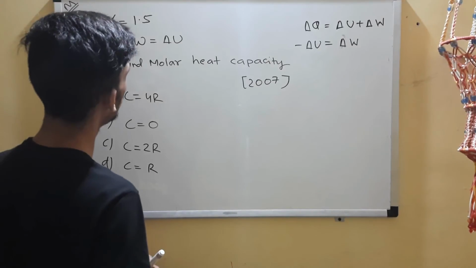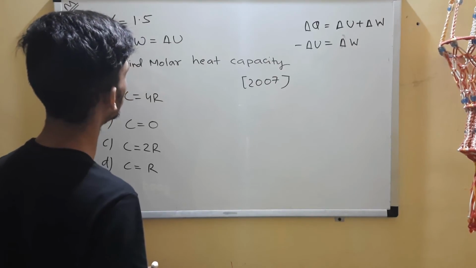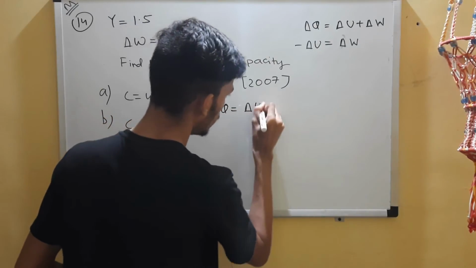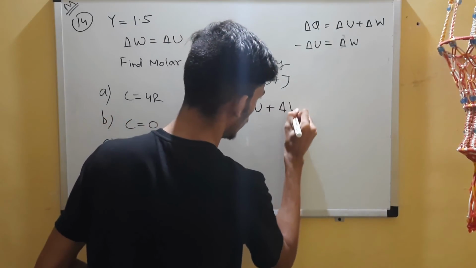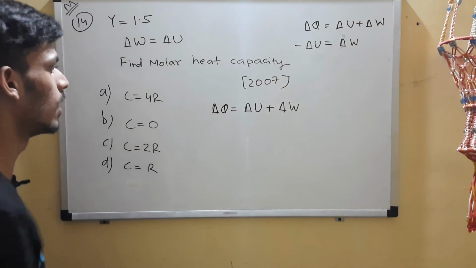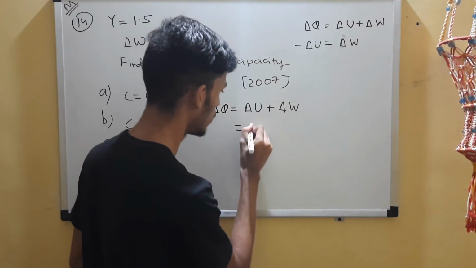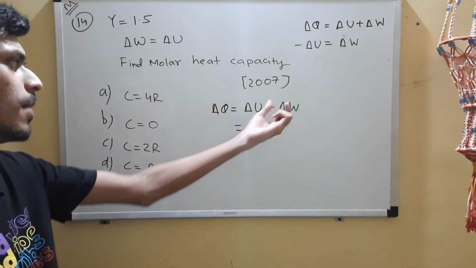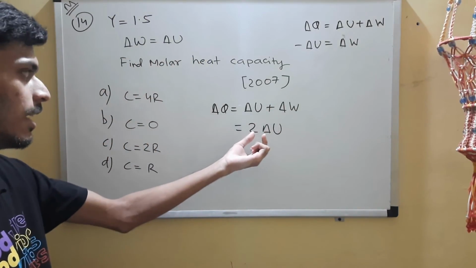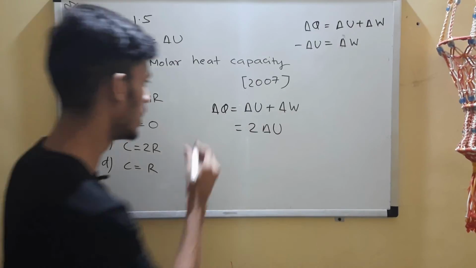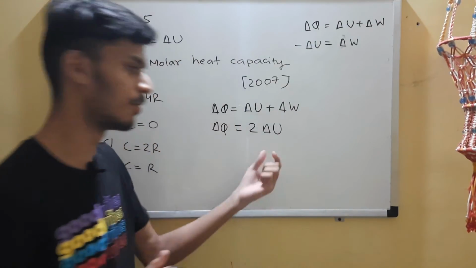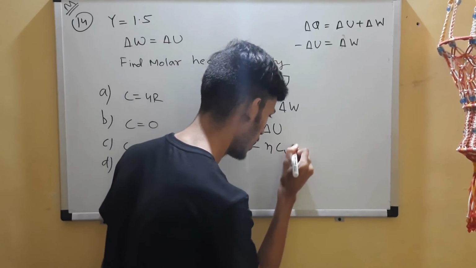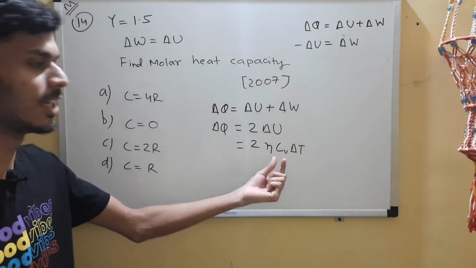We'll write the first law of thermodynamics, delta Q equals delta U plus delta W. Now we know that both of these values are equal, so I can write it as 2 times delta U. You can also write it as 2 times delta W, but if we write it as 2 times delta U, that will be easy because we know the formula for delta U. It will be n CV delta T. This is not the thing that we are asked for.